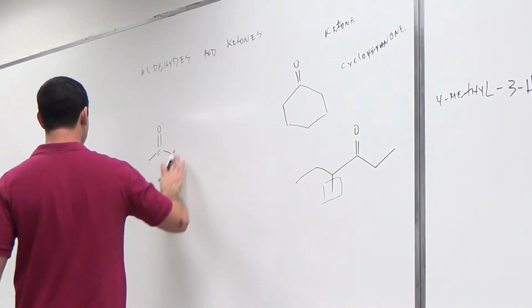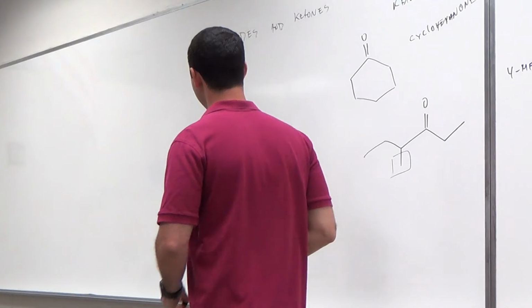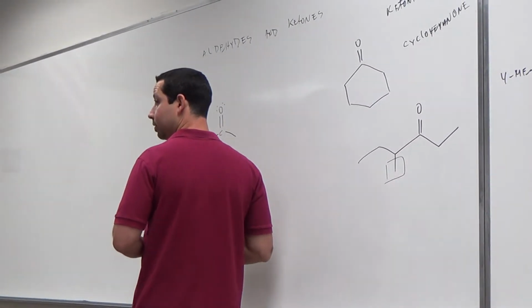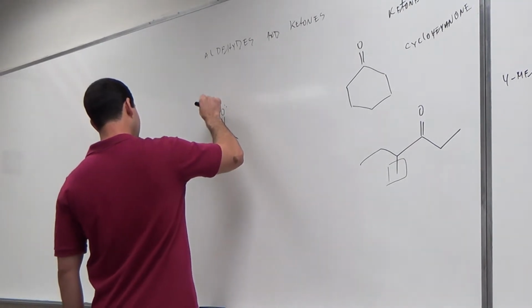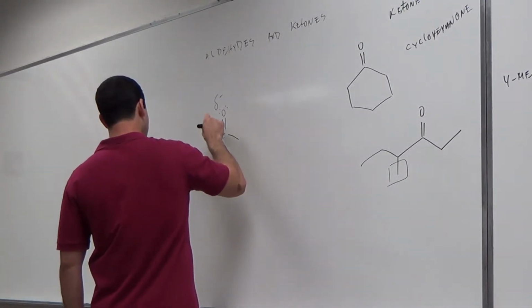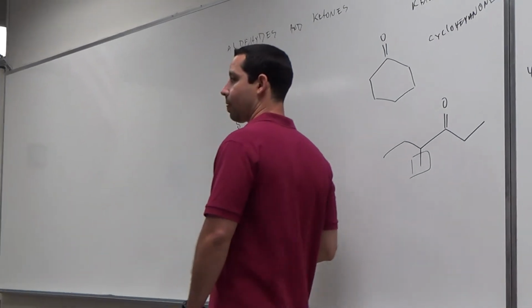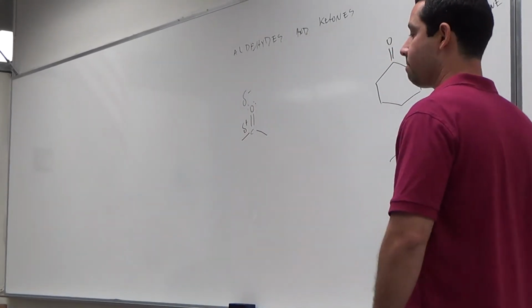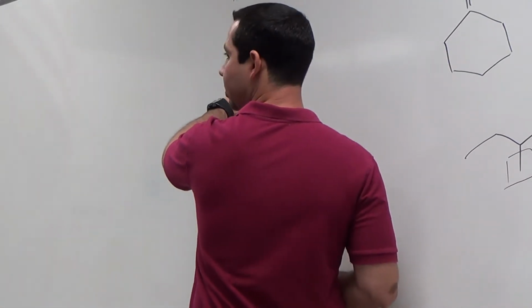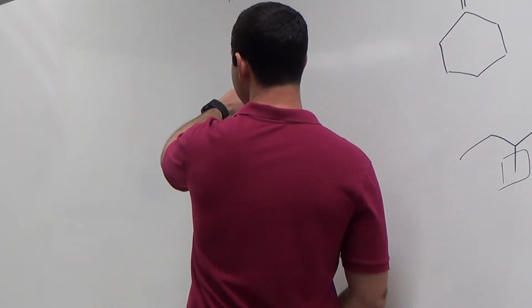Now here's a carbonyl. And a carbonyl has a side that is negative and a side that is positive. Which side is negative? Oxygen. This is delta negative, while this is delta positive. What does this side like to do?